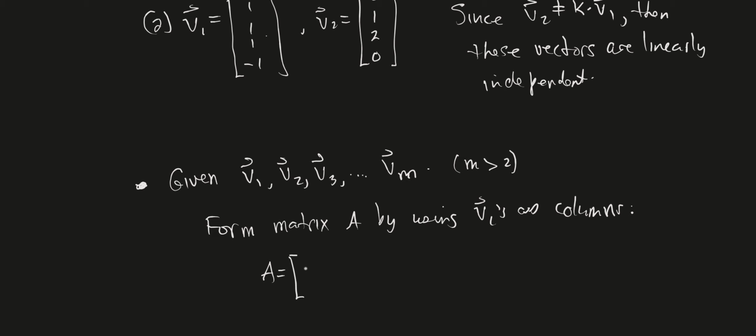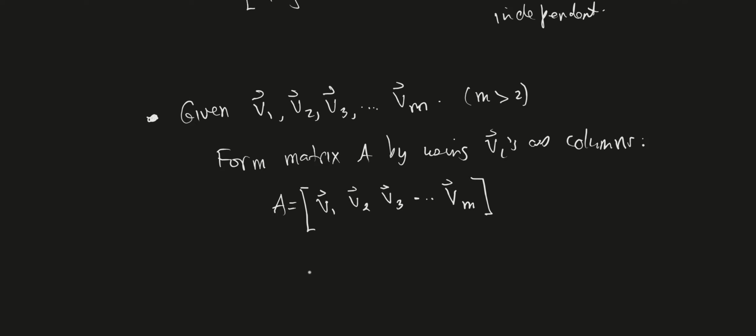So set up your matrix, put V1 there, put V2 there, put V3 there, put Vm there, right? So that's our matrix. So basically what we can do is represent this question about the solution to our homogeneous system in matrix form. So it boils down to this.